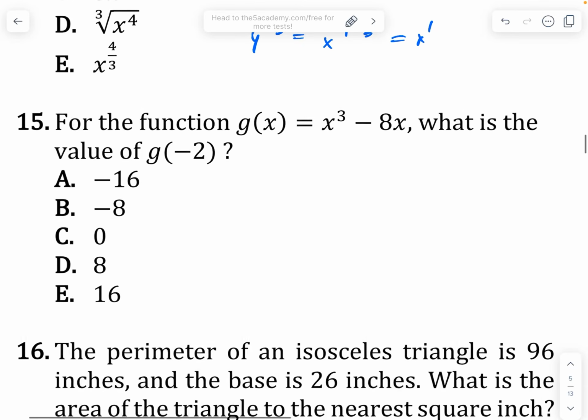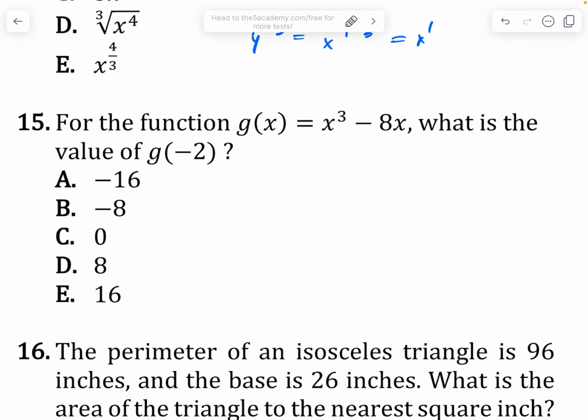For the function g of x equals this, what is the value of g of negative 2? G of negative 2 is just going to be where we plug in negative 2 across the entire x values in the function. So negative 2 all to the third minus 8 times negative 2. So negative 2 times negative 2 times negative 2.